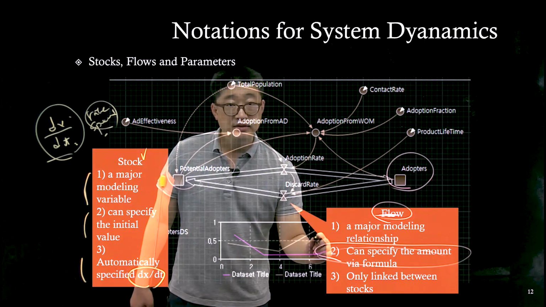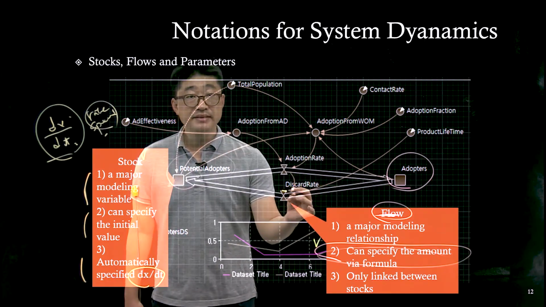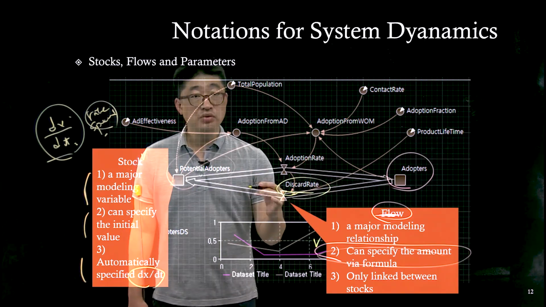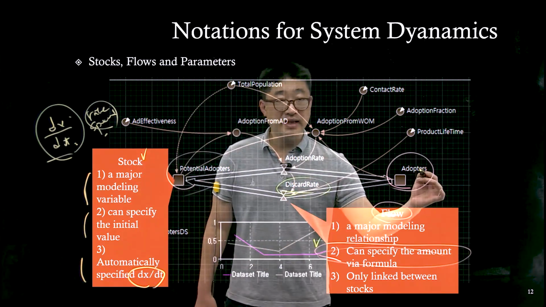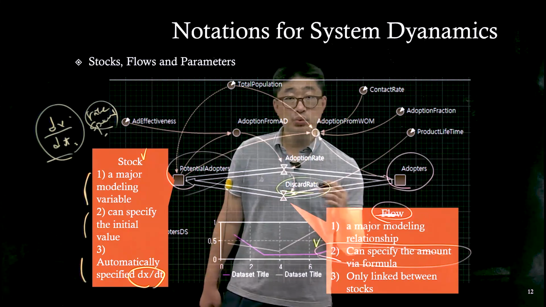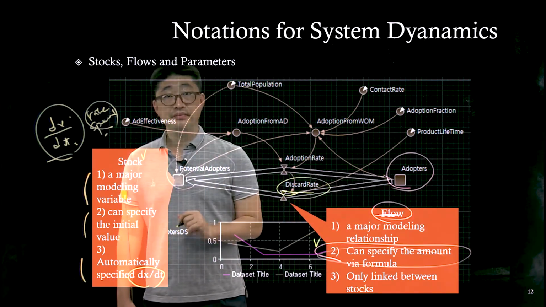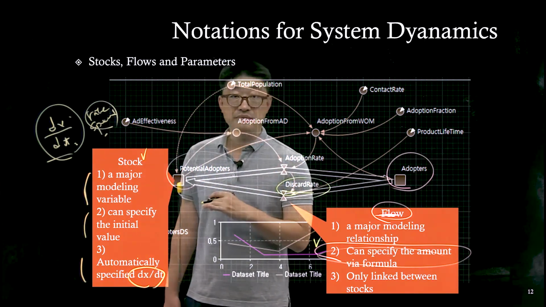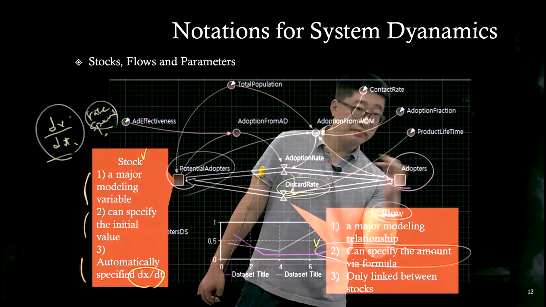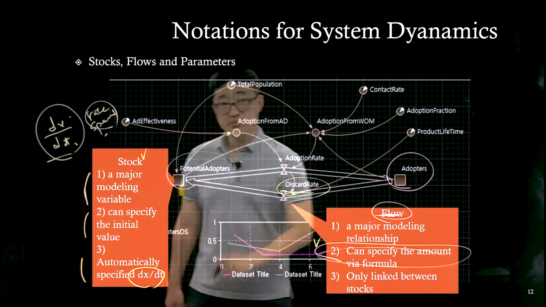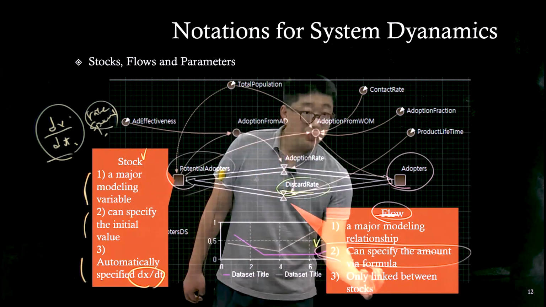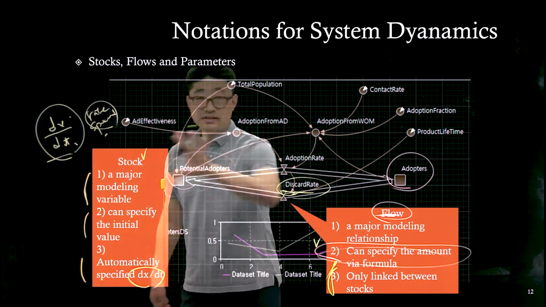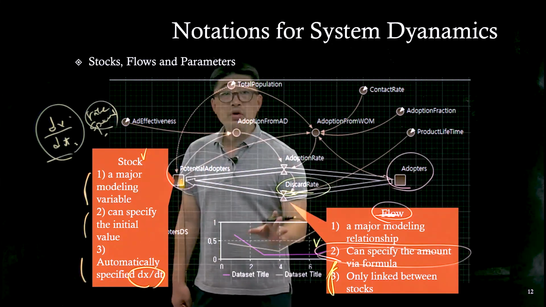How much will be changing is the rate. This rate and the originating stock together determine the amount of flow from potential adopters to adopters. The flow is only linked between stocks, so stock fluctuations can be modeled only by the flow.